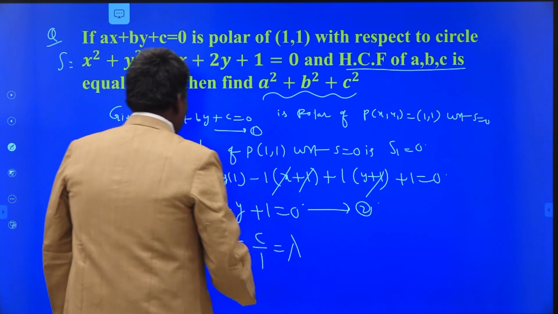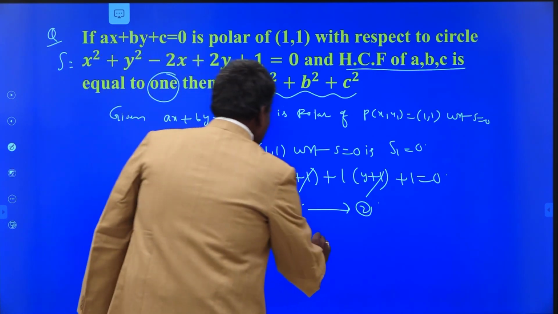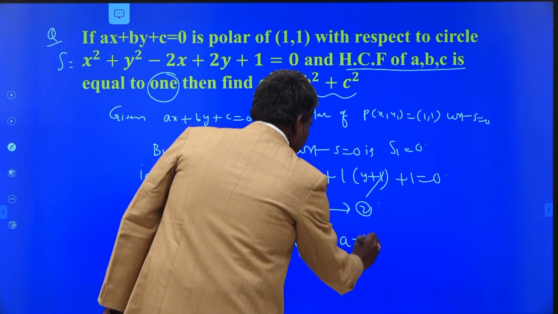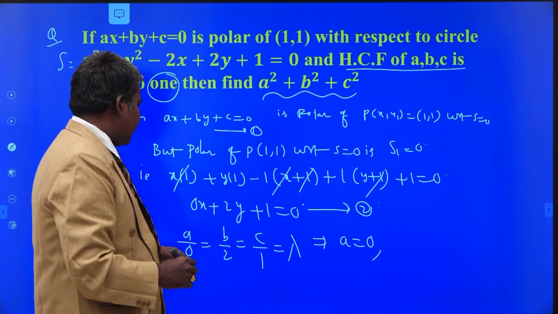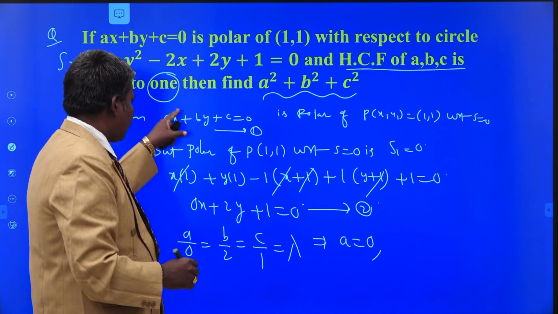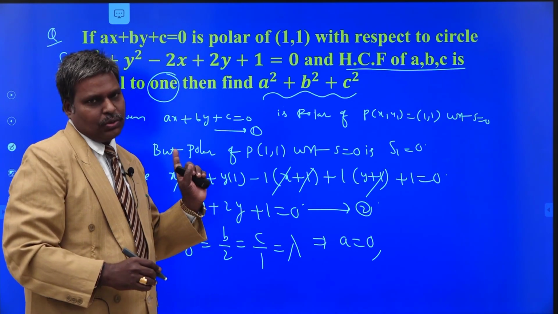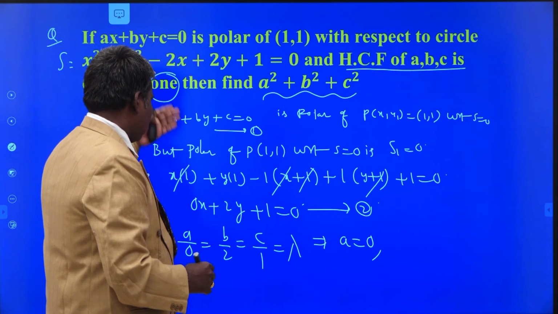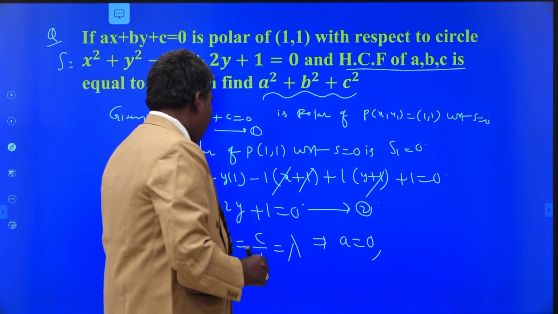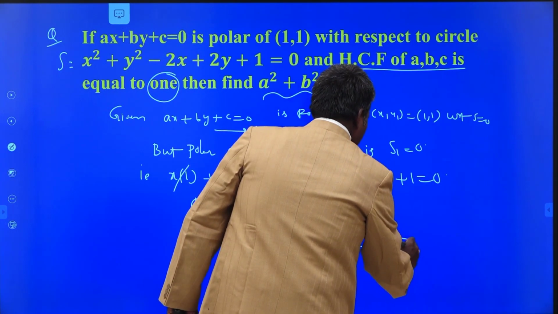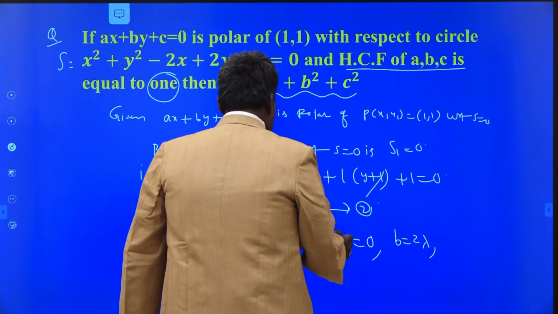Let the ratio be, say, lambda. This implies a equals 0. Actually, in mathematics, you don't write 0 in the denominator itself. By looking at the two equations, you have to achieve a as 0. So, for simplification, you may write 0 here. Okay. b is equal to 2 lambda and c is equal to lambda.